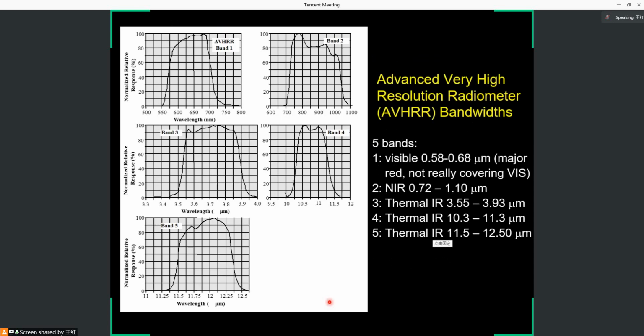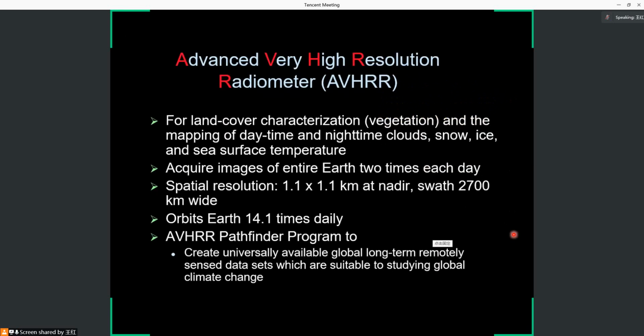And this is for the AVHRR. It has 5 bands, including the visible red band, the near infrared band, and the remaining 3 bands are thermal bands. So it is used for clouds, snow, ice, and sea surface temperature.